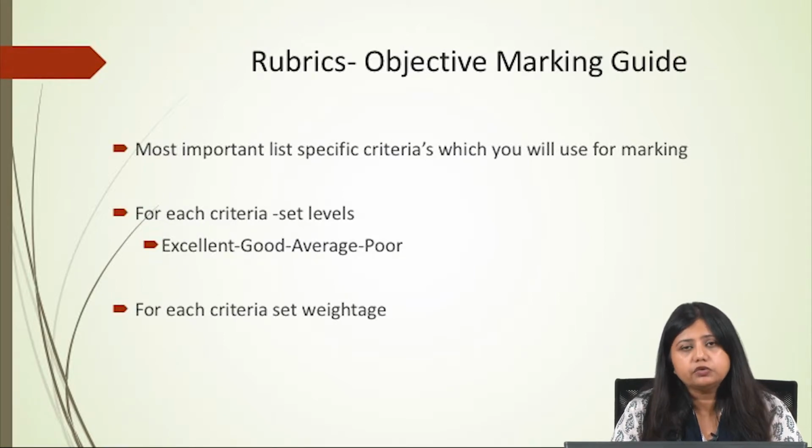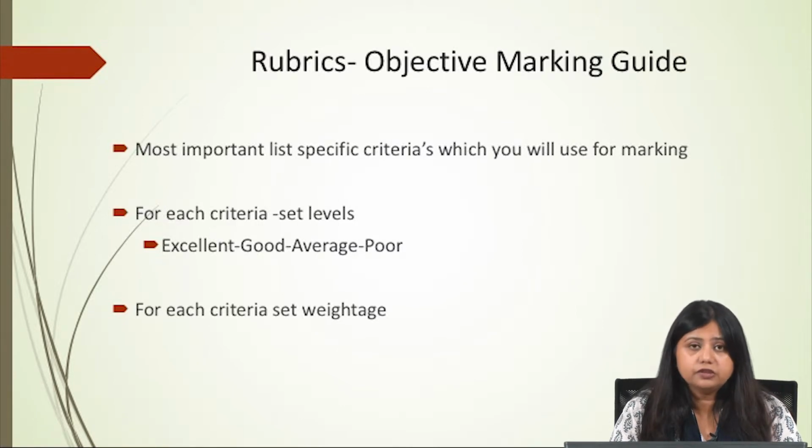I would encourage you to have a minimum of 3 levels or a maximum of 5 levels. The reason is, if you go beyond 5 different levels, it will be very hard to give descriptions in an objective way for each of these levels. How do you differentiate excellent from distinction and then good? You really need to be very clear about it.